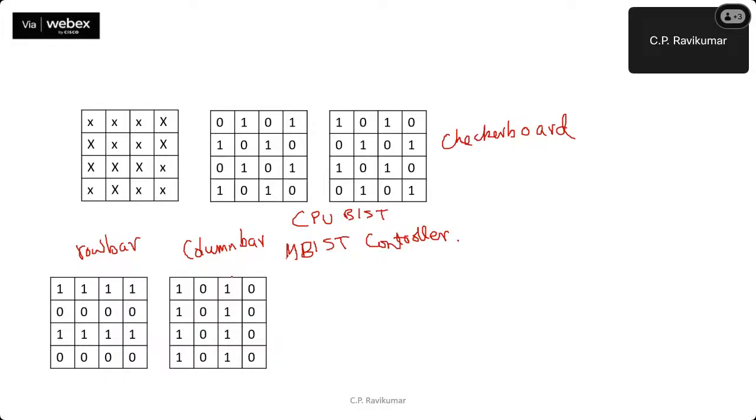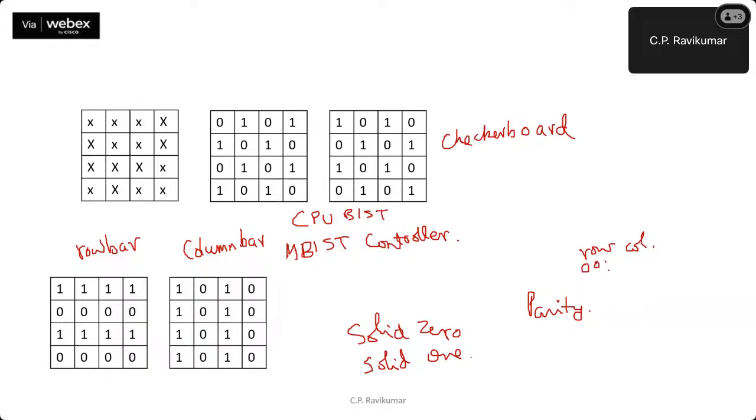Okay. There is also the solid zero pattern. You can imagine what it is. Solid zero means all the cells are zero, and there is a solid one pattern. Then there is also what is known as the parity pattern. What that does is it looks at the row and column address.